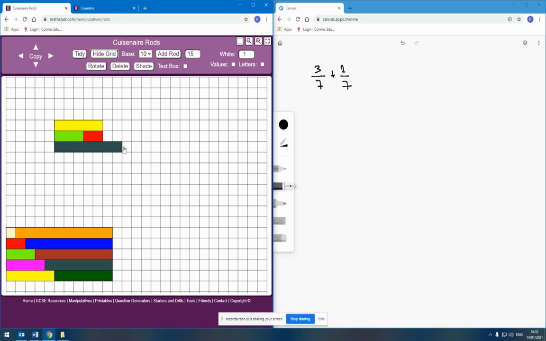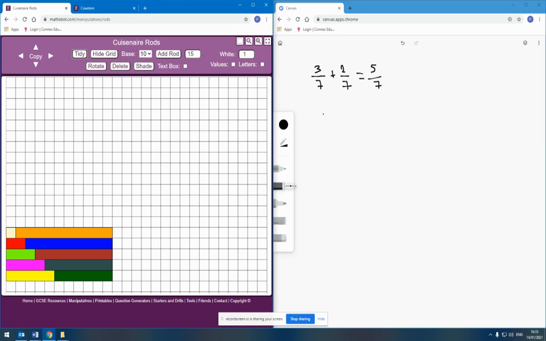It is 5/7 of 1 unit long, 1 whole long. And so we can see here that 3/7 add 2/7 is 5/7, and definitely not 5/14, as some pupils may be tempted to write. We can see that the size of my whole hasn't changed. The size of my whole is still 7.